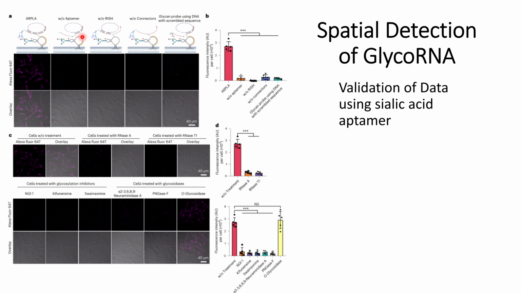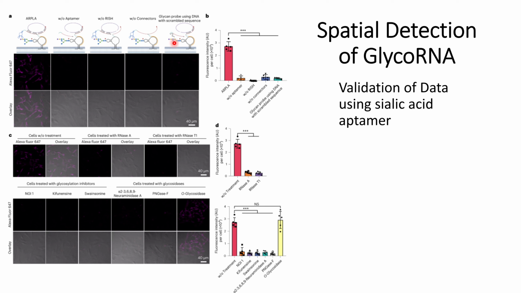When they don't use this aptamer, only the RNA binding region will be translated, and that will not give any signals, as can be seen here. Without the DNA binding probe, half of the regions will not get translated, so it will not give any signals. Without the connector also, it will not get translated and it will not give any signals.